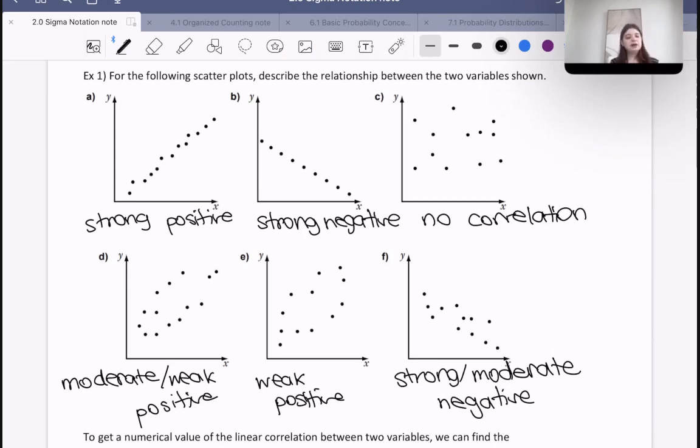All right, now what about a strong to moderate negative? One example for this could be: the lower the temperature, the more clothes we might have to wear, right? Because if the temperature gets really low, we're probably wearing more layers. And if the temperature is high, then we're going to be wearing fewer layers. However, again, this might vary a little bit from person to person. It's not that if it's 10 degrees outside, there's a set number of layers everybody must wear.